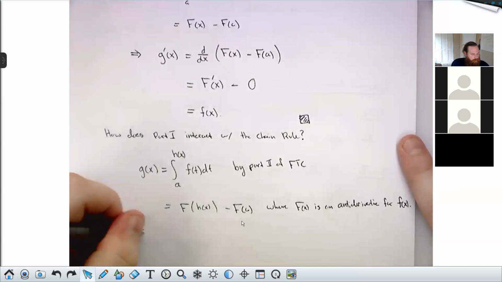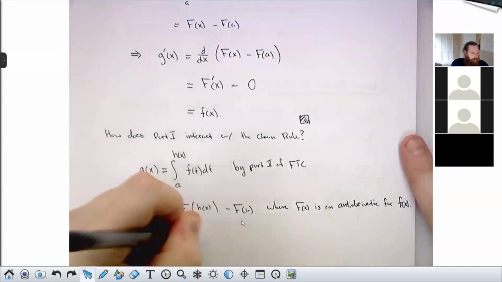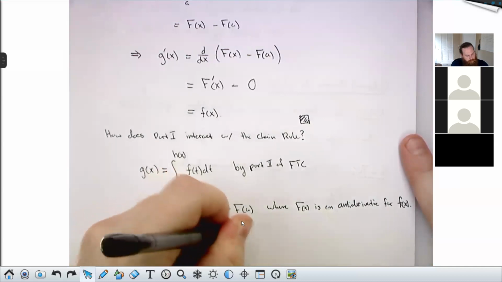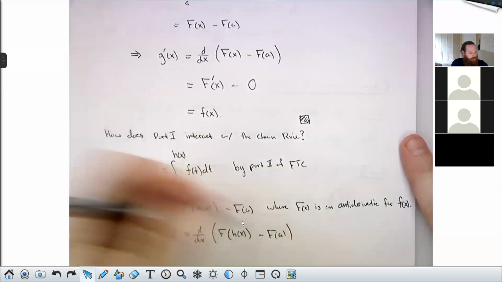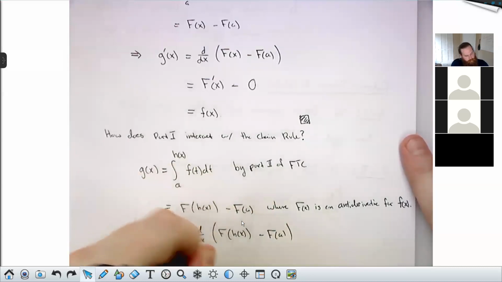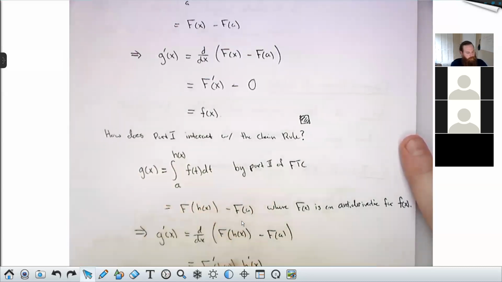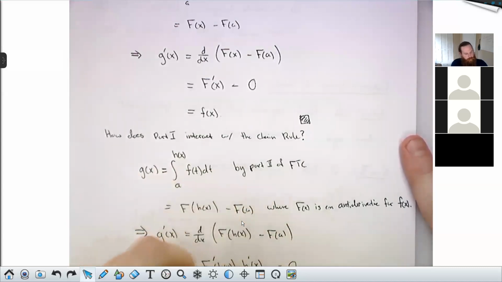And now if you differentiate on both sides, g primed would be d dx of capital F of h of x minus capital F of a. And this is capital F primed of h of x times h primed of x by the chain rule, minus 0, which is capital F primed of h of x times h primed.